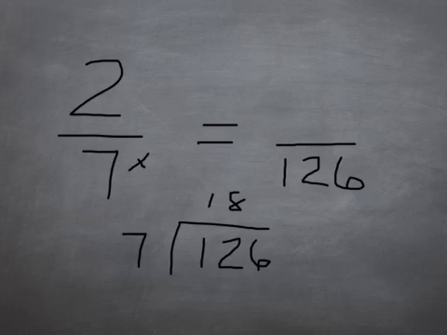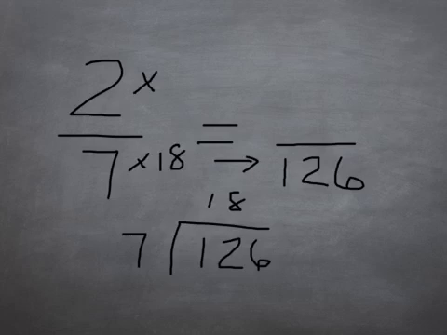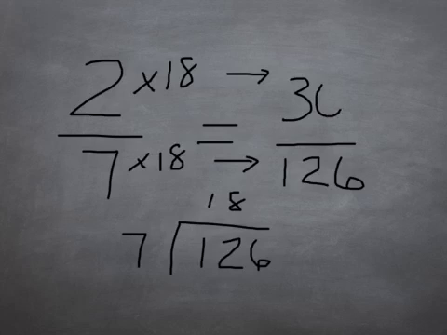That is the number you multiply times 7 in order to get 126. That means we have to multiply 2 times 18 in order to see what our top number is. When we do that multiplication, we see that our answer is 36 over 126.